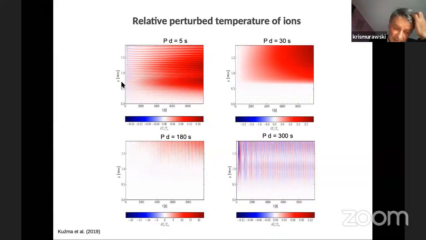the so-called time distance plots for relative perturbed temperature. So delta Ti is just the temperature of ions minus the initial temperature, divided by the initial temperature. At T equals 0, we have a piston operating over here, and there are essentially no waves.